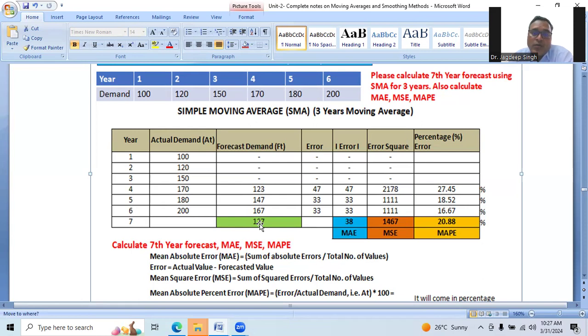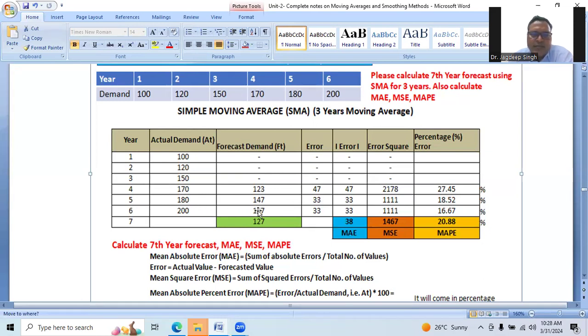Now, we need to understand what the error is. We need to calculate MAE, MSE and MAPE, right? So in the next column, we need to enter the error. What is the error? The error is the difference between actual demand and forecasted demand. So 170 minus 123 becomes 47. 180 minus 147 becomes 33.